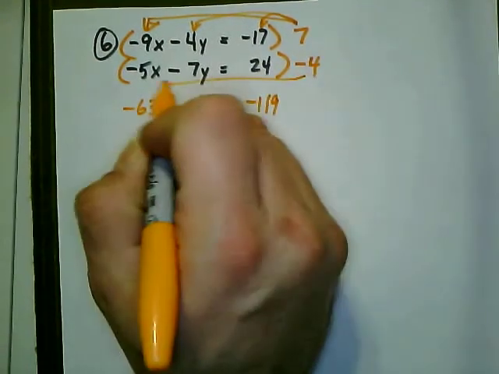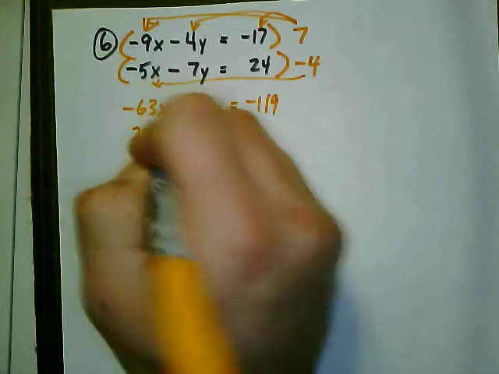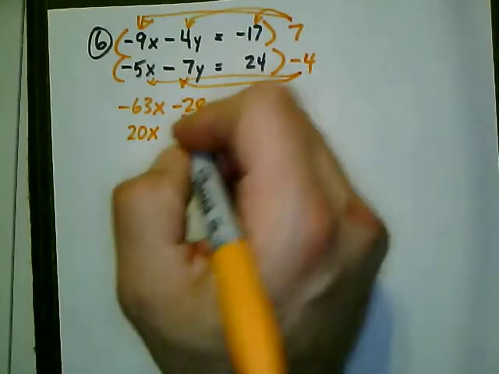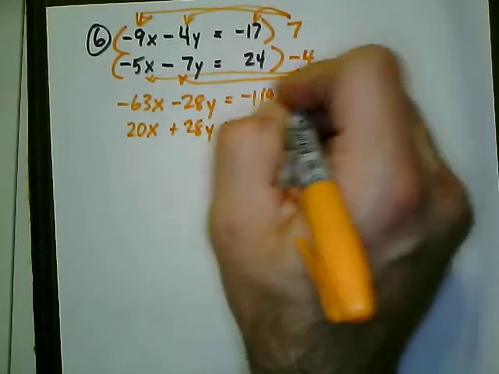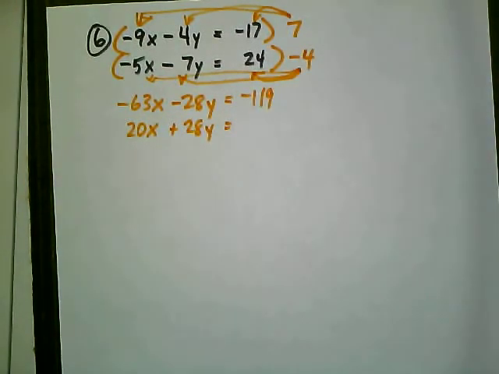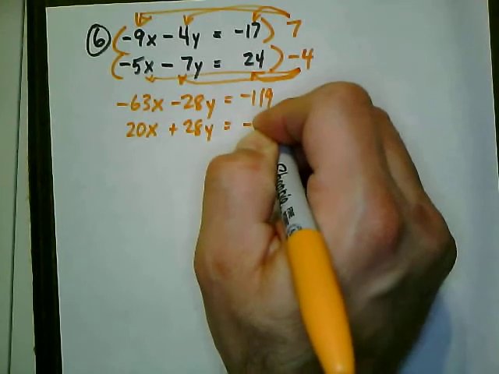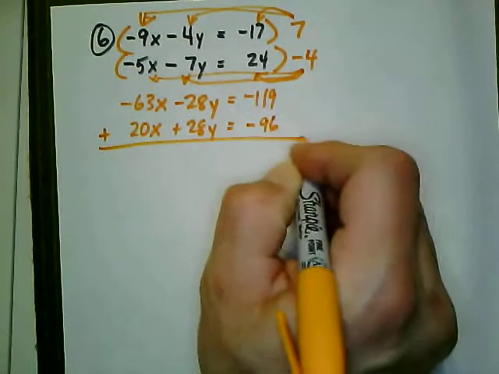Then we're going to distribute down here. -4 times -5 is 20x. -4 times -7 is 28y. And 24 times -4 is -96.